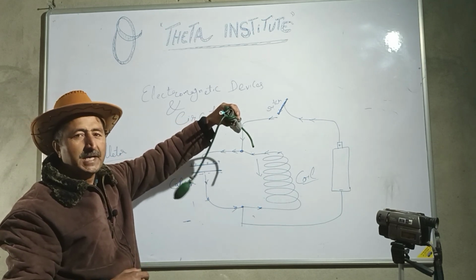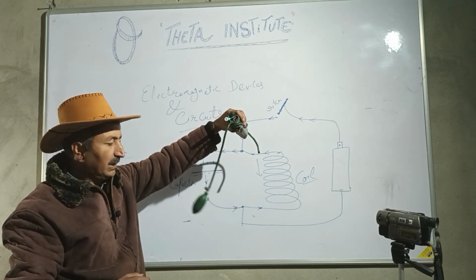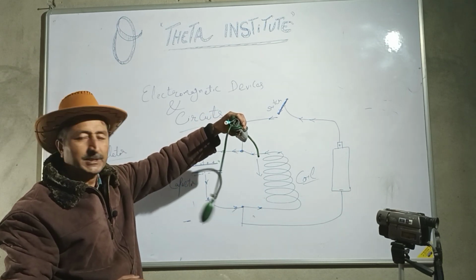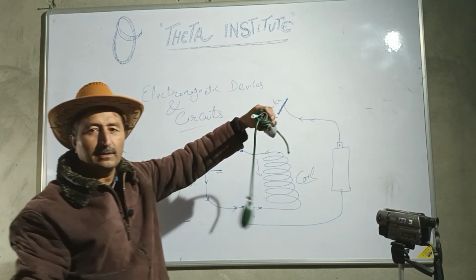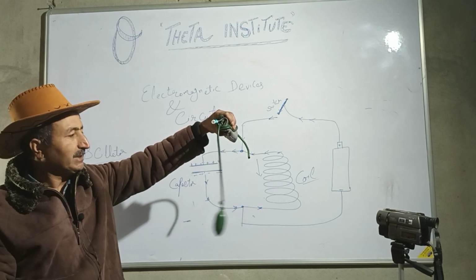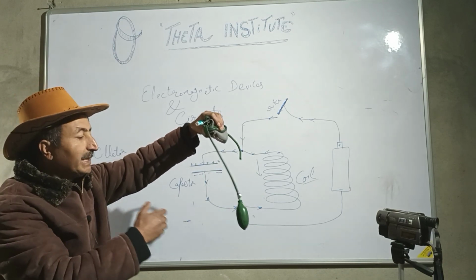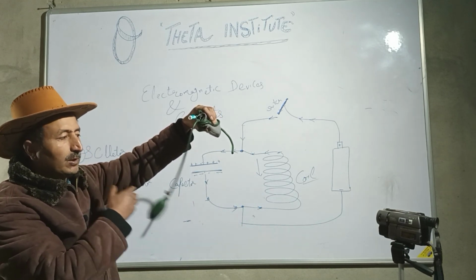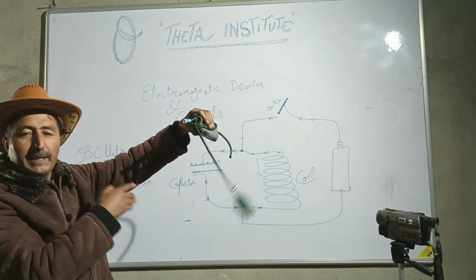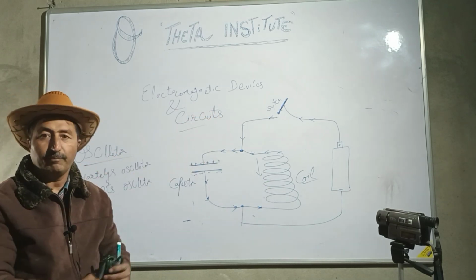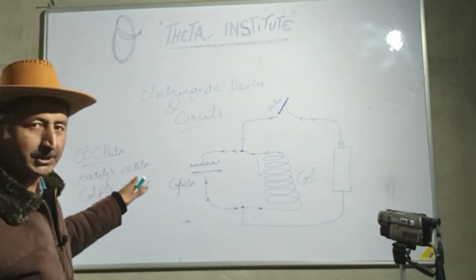But Hartley, Colpitts and many other scientists, especially English or British or German, whatever we say, not Kashmiris, have devised how to maintain and amplify these oscillations by use of transistors, which we will see in the next section.